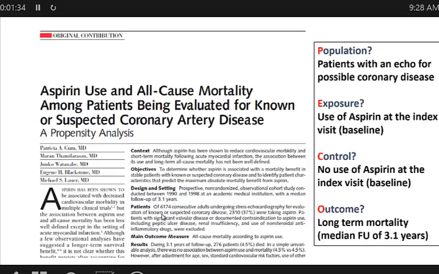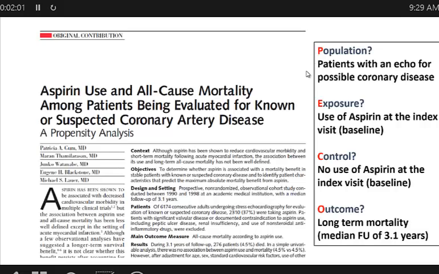Okay, so let's read: patients. 6,174 consecutive adults undergoing stress echocardiography for evaluation of known or suspected coronary disease. Okay. So these are the patients who showed up at the Cleveland Clinic, who took an echo for suspected coronary disease. Okay, that's the population.